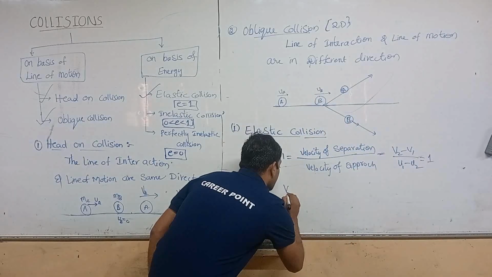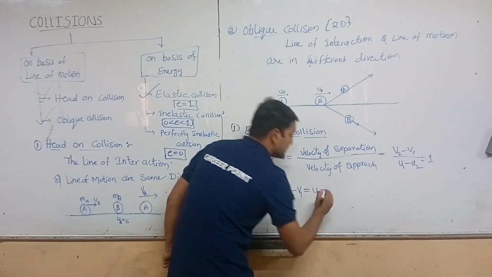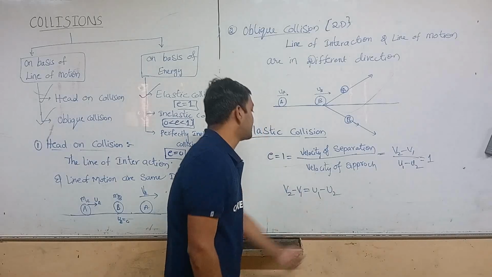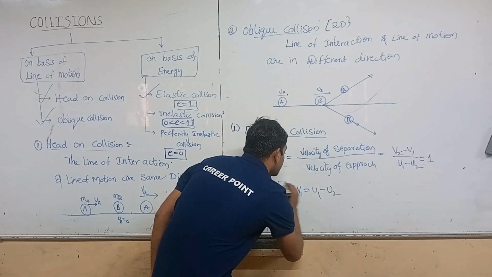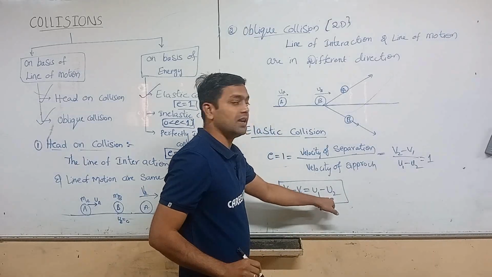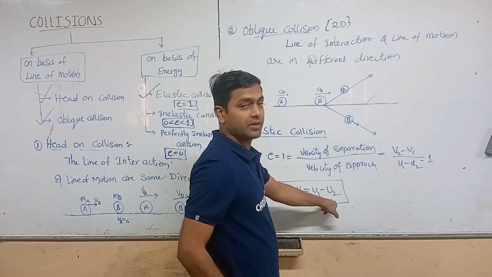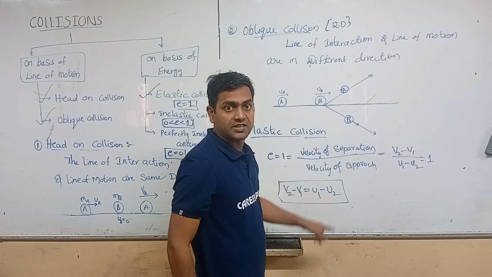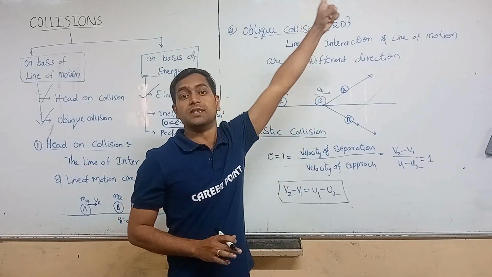That means v2 minus v1 equals u1 minus u2. If we interchange this, this is my relative final velocity and this is my relative initial velocity. The relative velocities are the same, so the final and initial velocities are equal in the system. For that reason the momentum is conserved.